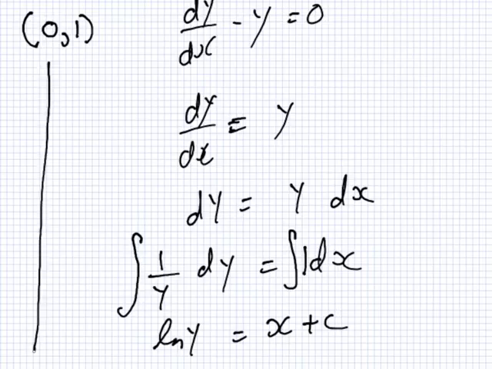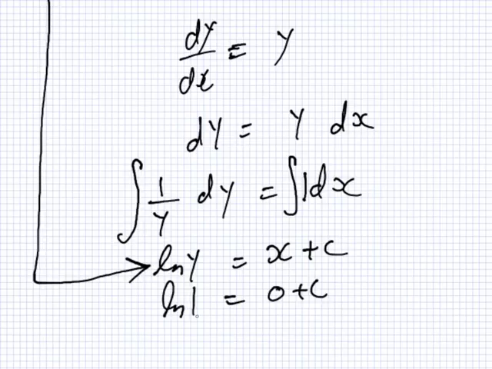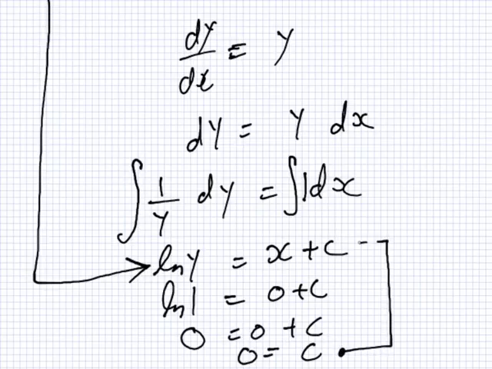So I get log 1 equals 0 plus c. What's log 1? 0 equals 0 plus c. So what does c equal? 0.